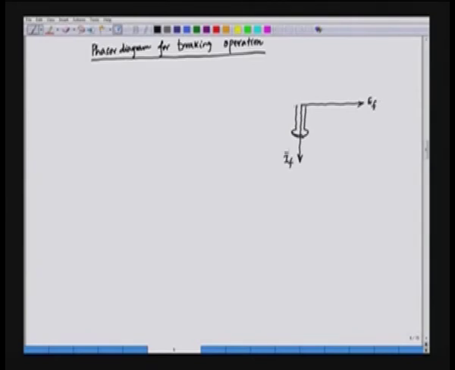These are all phasor quantities, IF and EF, and the stator current is in this direction, 180 degrees with respect to EF.